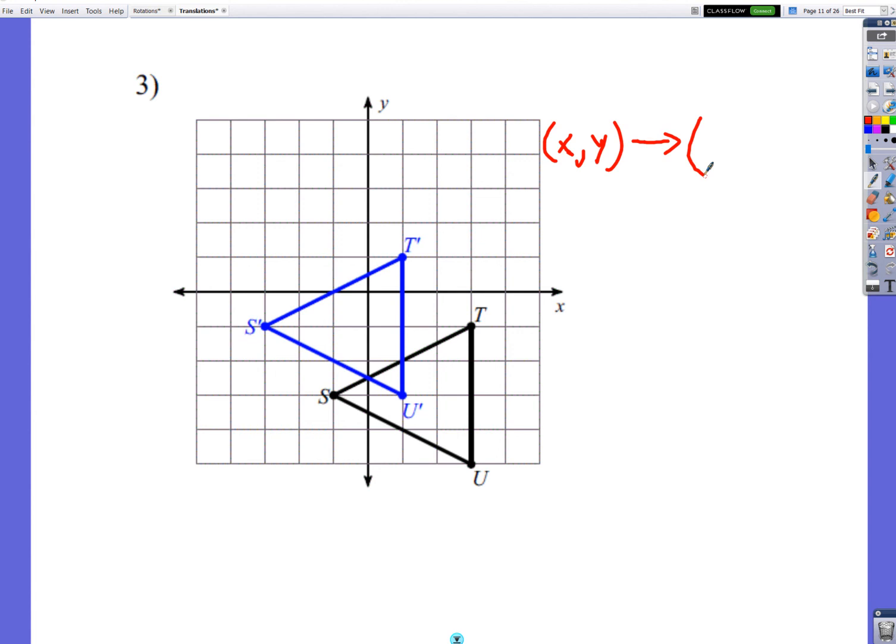Left 2. Because we went from pre-image to image, which is prime, we went left 2, so x minus 2. How about the y's? Up 2. So y plus 2. Any questions there?